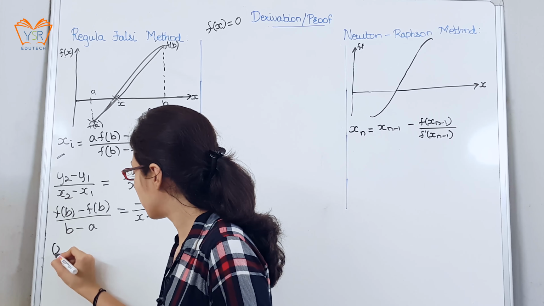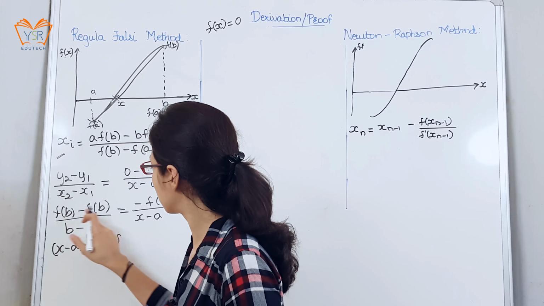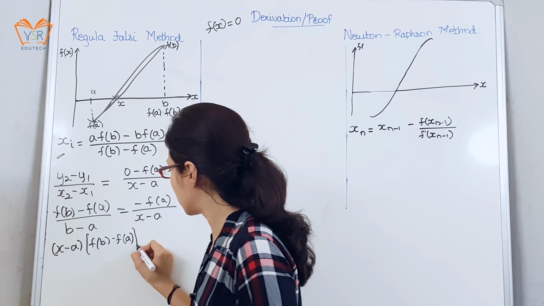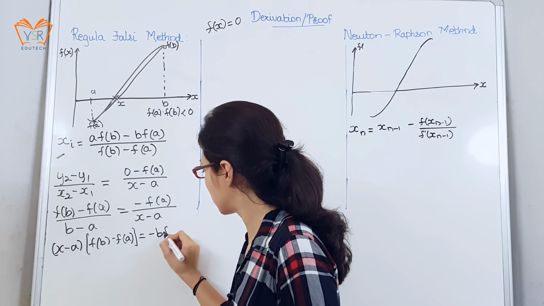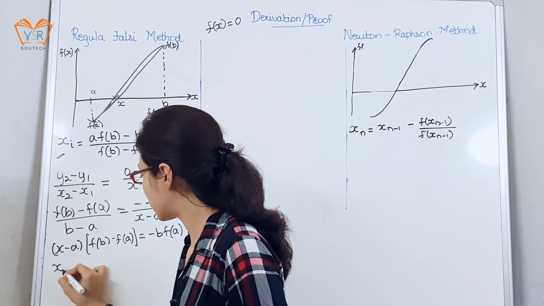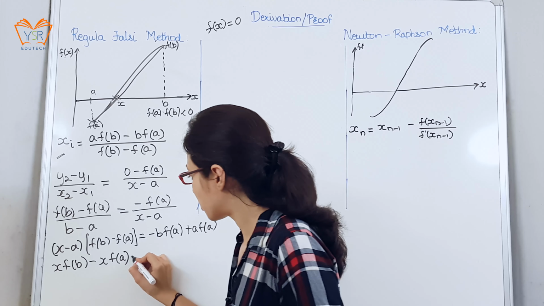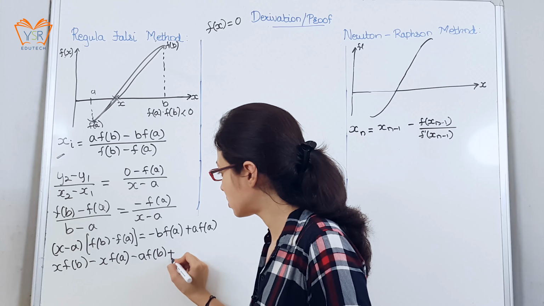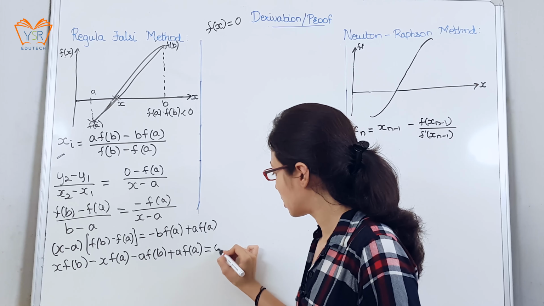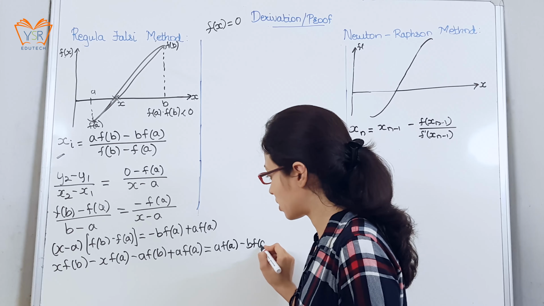Cross multiply, we get, multiplying x inside, x into f(B) minus x into f(A) minus A into f(B) plus A into f(A) is equal to A f(A) minus B f(A).